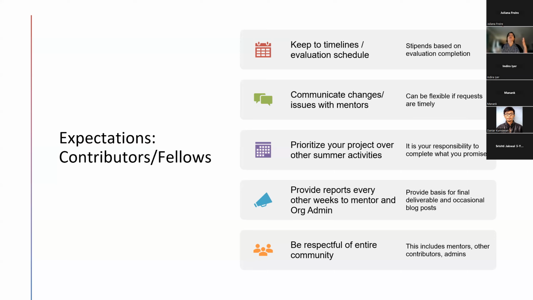Especially with the flexibility with timelines, if something comes up that's an emergency, we can change those timelines to deal with that emergency. So really, just communicate with your mentors. It's your responsibility to make sure your mentors know if something like that is coming up. And don't just not show up to a meeting because you're somewhere else. Make sure your mentors know.